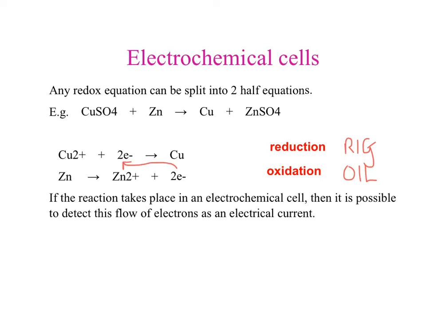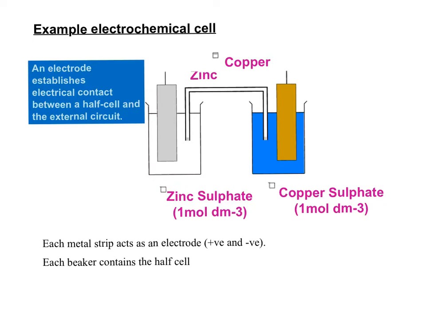Now, we've got to consider how we would take this reaction and put it into the electrochemical cell. This is where the two half equations are important. Basically, we are setting up each of the half equations in a beaker. So I want to have the zinc half equation. To get it, we will have in a beaker a solution of zinc sulfate of 1 molar.